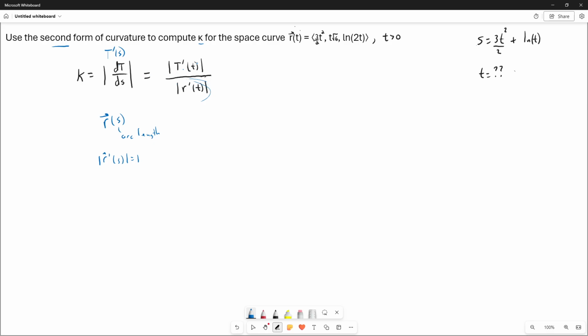So the second form does agree with the first form in the case that the t is in fact an arc length parameter. Okay, so let's go about using this formula, because again, the arc length parameter for this curve is not easy to transition to. So we will deal with this one.